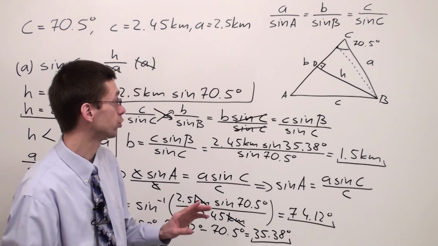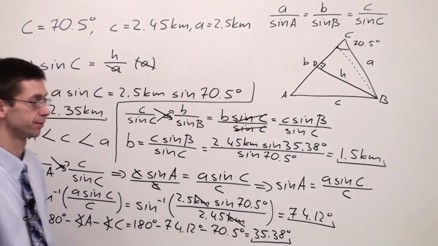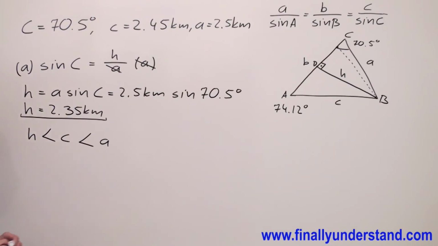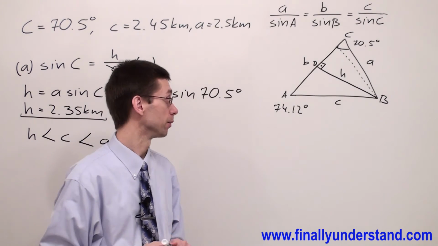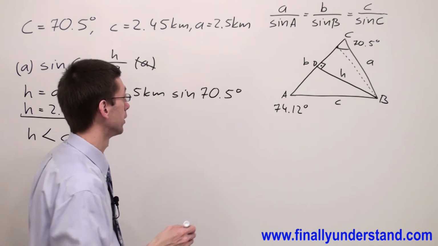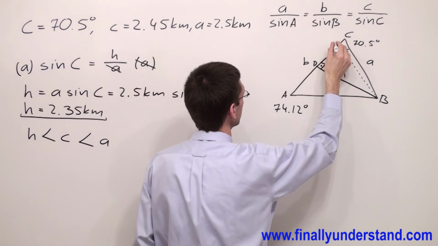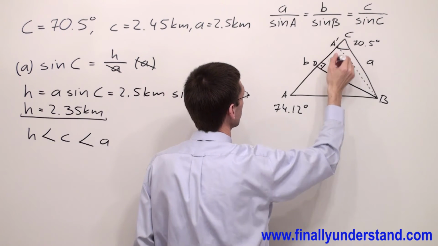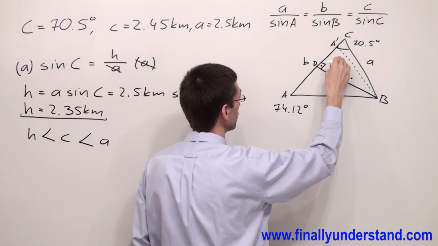Next, we're supposed to find the second one. We start solving the second part of the problem by finding the value of angle A prime. This is going to be my angle A prime. Okay, remember we moved this side over here.